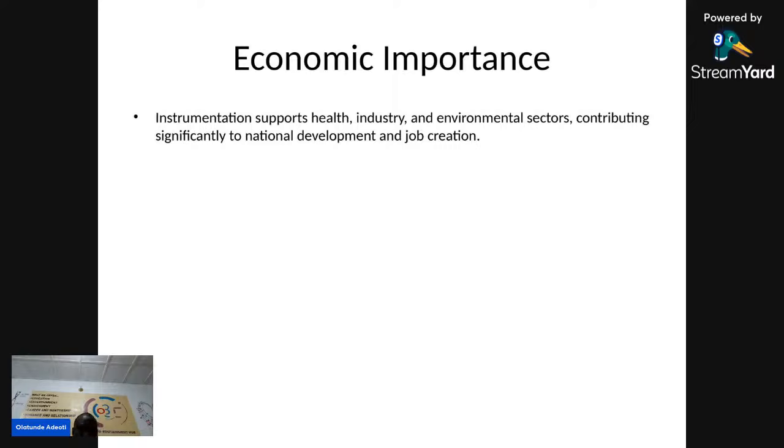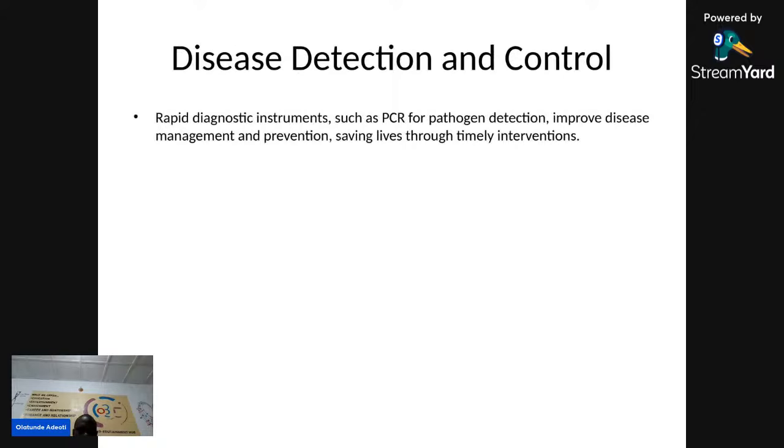I told you that the more you become knowledgeable in the use of instrumentation, the more you increase your chances of being employable and in job creation as well.